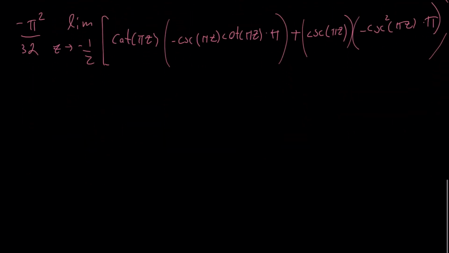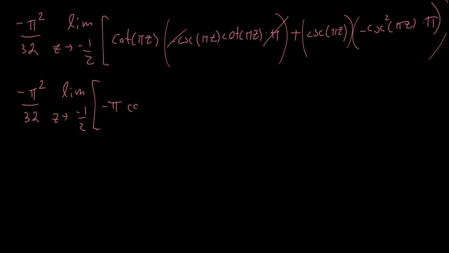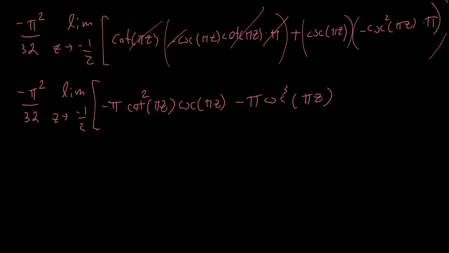So cleaning this up a bit, we're going to have a minus pi squared over 32, the limit as z approaches negative a half. We're going to have a minus pi cotangent squared of pi z times cosecant of pi z, and we'll have a minus pi cosecant cubed of pi z.